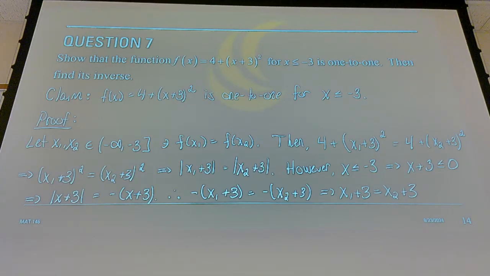Multiply by -1, add -3. And we get that x1 has to be x2.